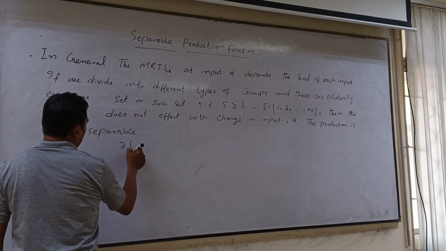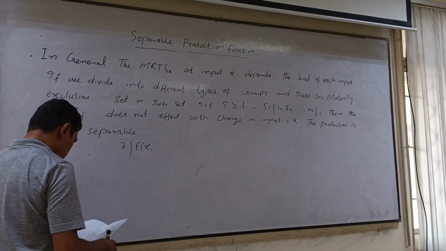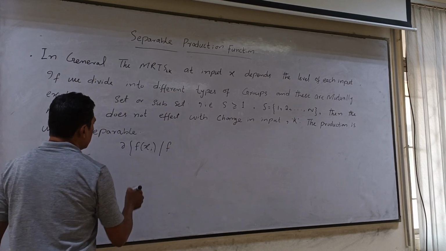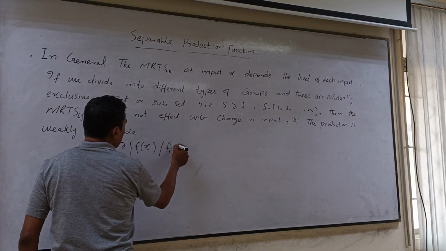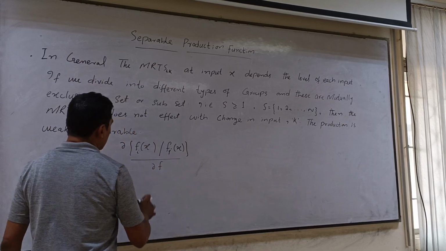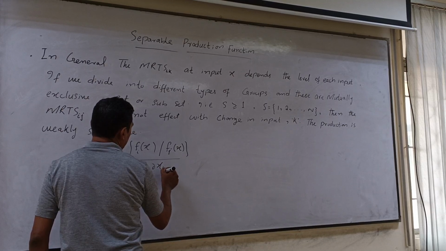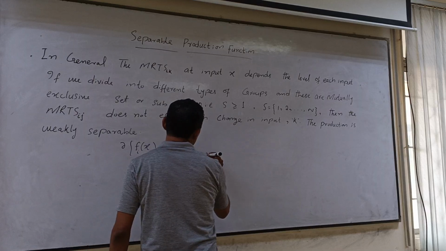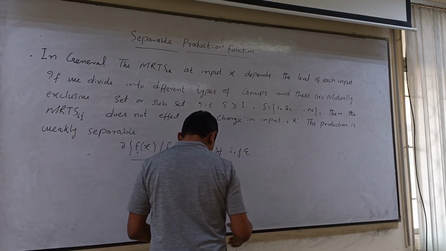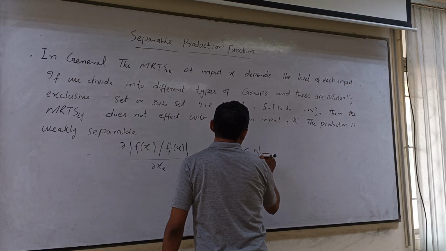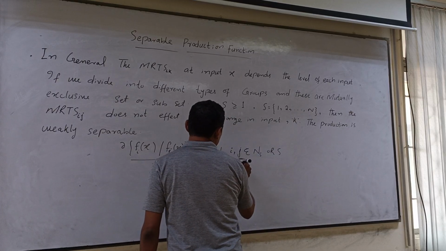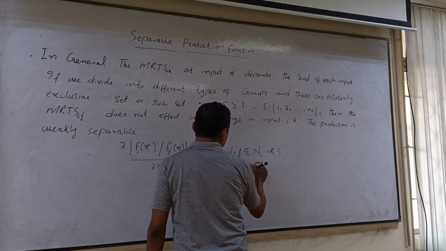How can you write it? The derivative of f with respect to x_i upon the derivative of f with respect to x_j, with respect to x_k, equals zero, for all i, j belonging to the set S_n and k not belonging to S_n.